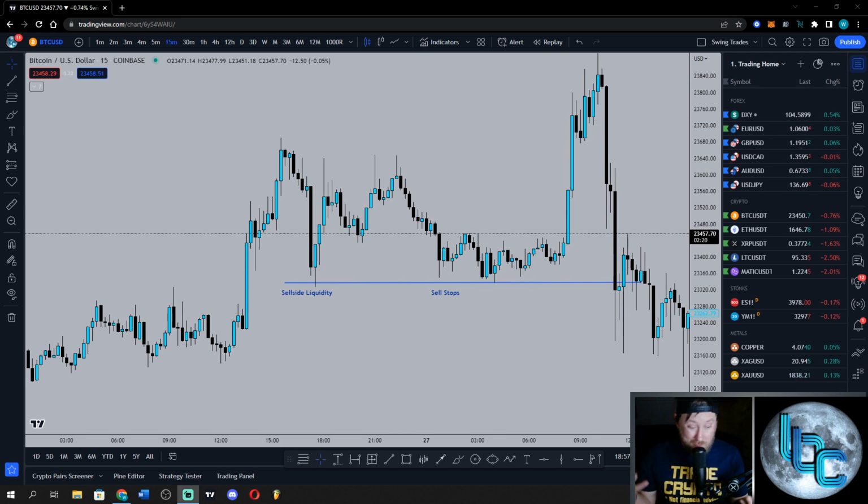What short sellers do is tell the broker, "Hey, I want to sell at this price. I want to sell this many at this price," because I'm expecting price to drop.